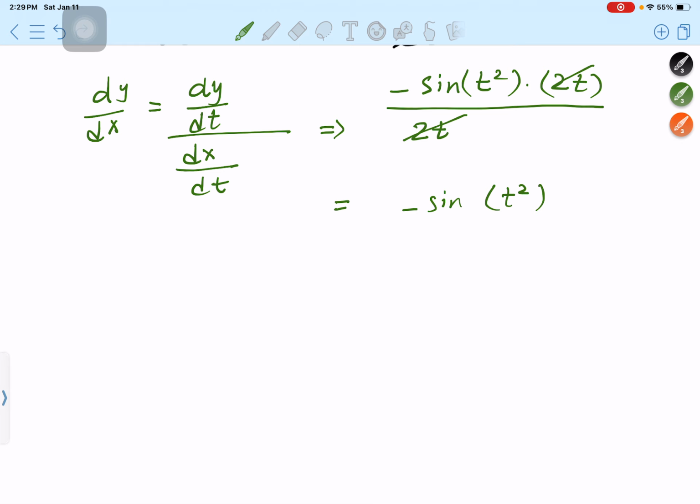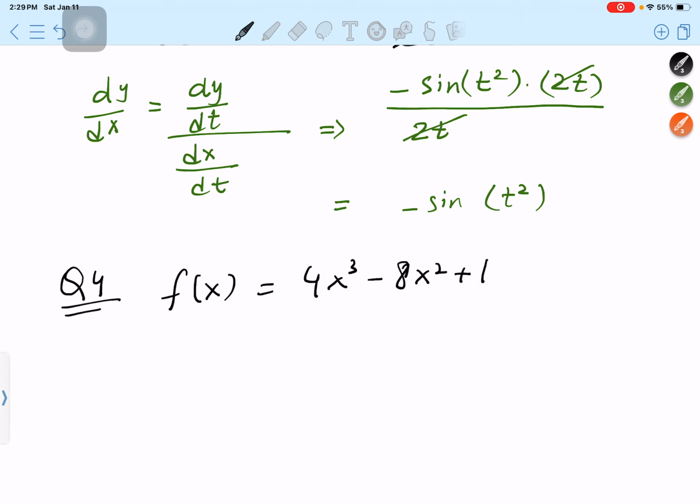Question number 4 says the function f of x equals 4x to the third minus 8x squared plus 1 on the interval negative 1 to 1 has an absolute minimum. So it has an absolute minimum at what x coordinate is the question.